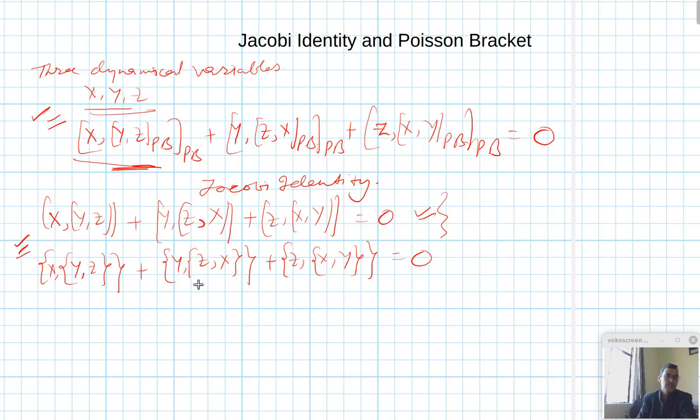So for the proof of this, first of all I will consider this term and expand it, and after expanding I will see what will happen, and then generalize it to the rest of the terms. So now consider this first term. This is X, Y, Z, right?